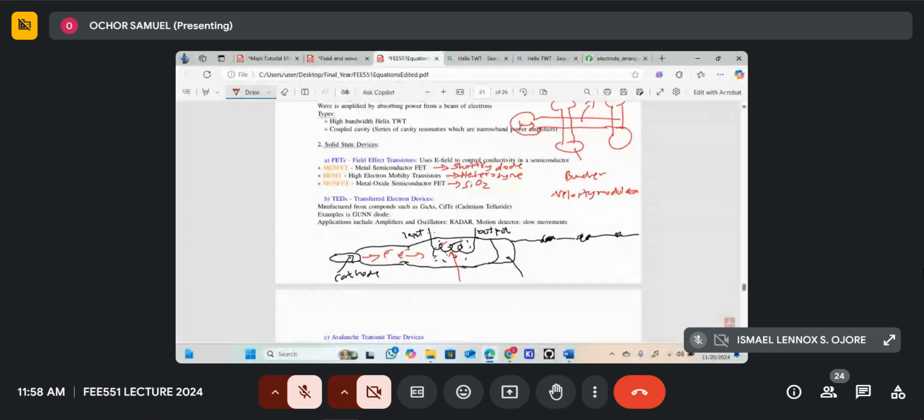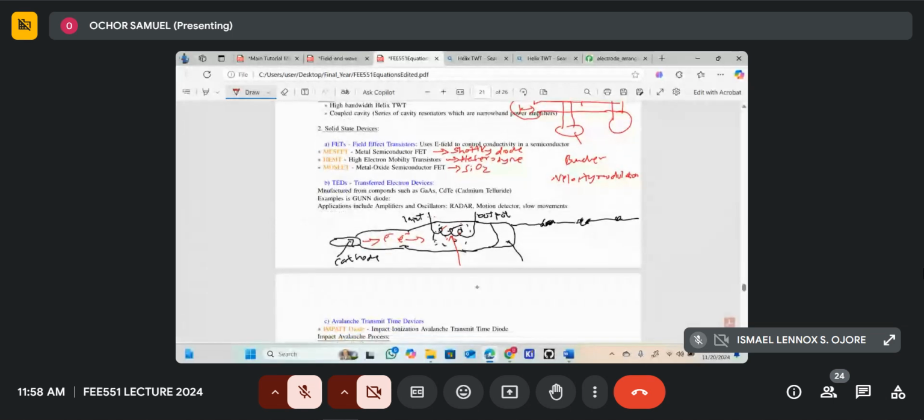For transferred electron devices, we had the Gunn diode. This is the symbol for the Gunn diode. It was discovered by a guy called Gunn.